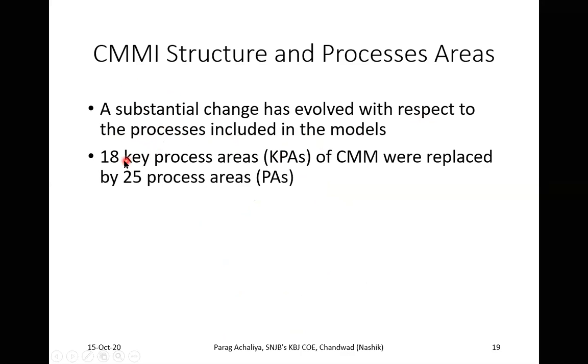In CMMI, the 18 key process areas, KPAs, of CMM were replaced by 25 process areas. CMM में क्या थे, 18 key process areas थे, whereas in CMMI there are total 25 process areas. This is the difference between CMMI and CMM.